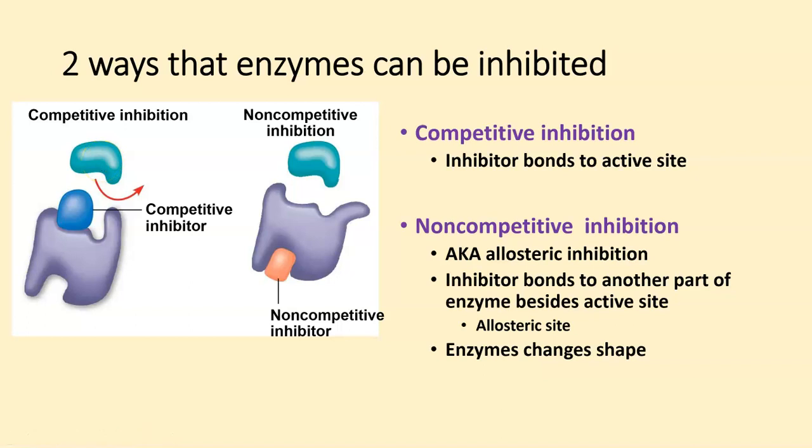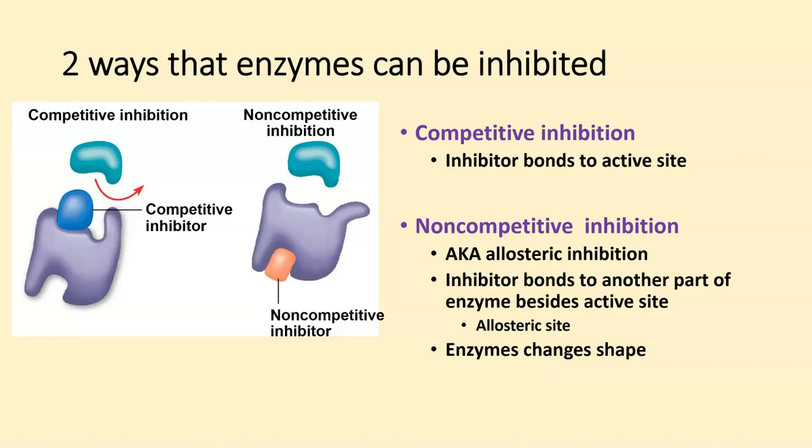The other scenario on the right is non-competitive inhibition. Notice that the substrate in turquoise at the top can still find the active site, but it's not going to fit properly because a non-competitive inhibitor has found a different point of attachment. And when it binds to the enzyme, it changes the shape of the enzyme so that it no longer will bind to the substrate that it should.